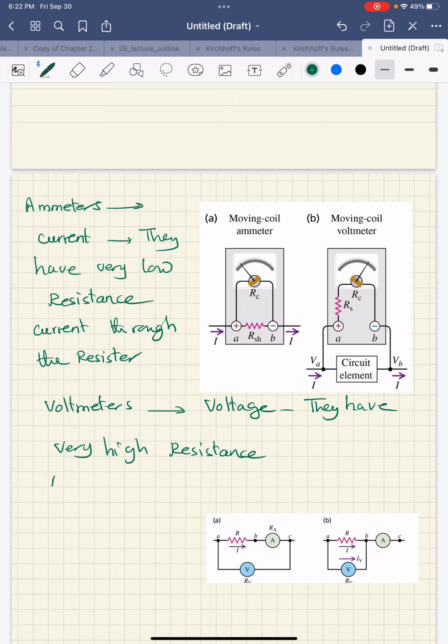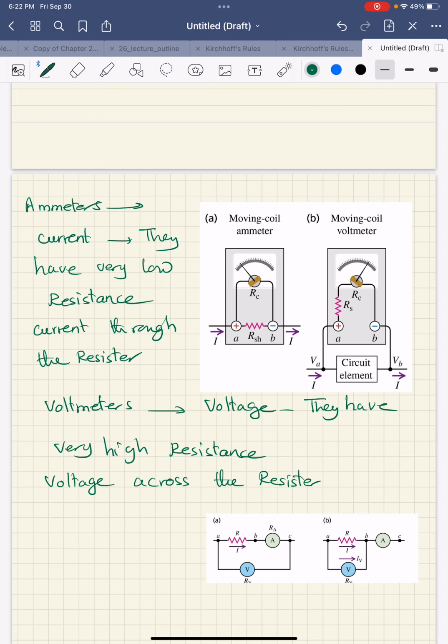We usually say voltage across the resistor. And these are devices that we use frequently in labs.